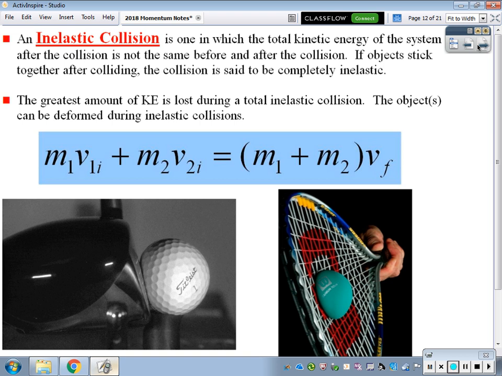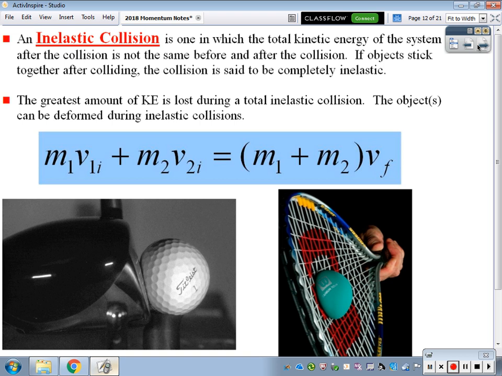Now, kind of rewinding a little bit back to the concept of a total inelastic collision, okay, that specific collision is one in which the objects kind of couple together post-collision. They travel together after that impact. What you will notice is this equation is actually almost exactly the same as the previous equation. There's only one difference to it.